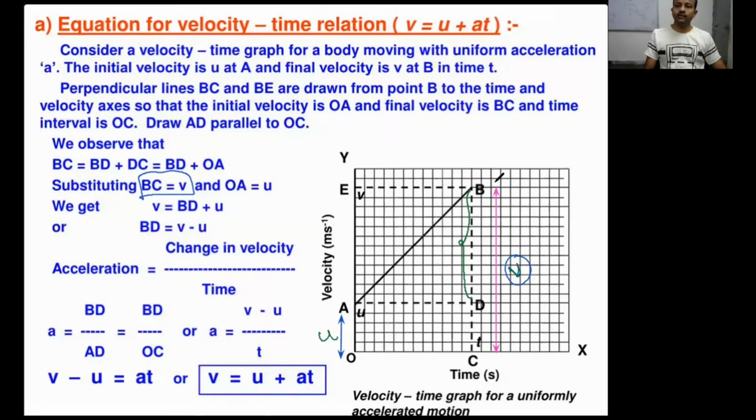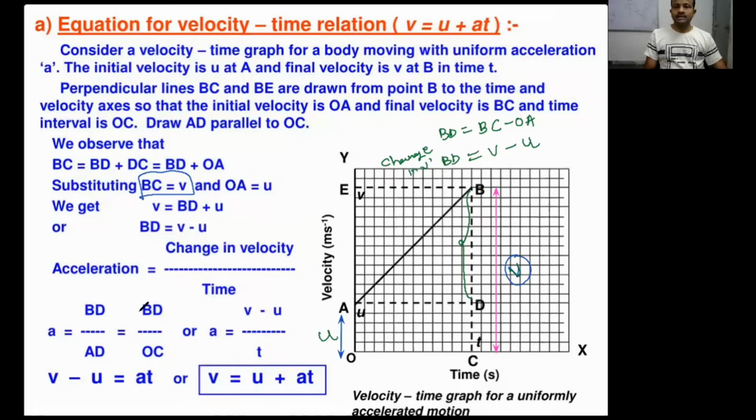BD we know is V minus U. How will you get BD? We can write BC minus OA, where the BC value is V and the OA value is U. So BD means V minus U. It will give you the change in velocity.